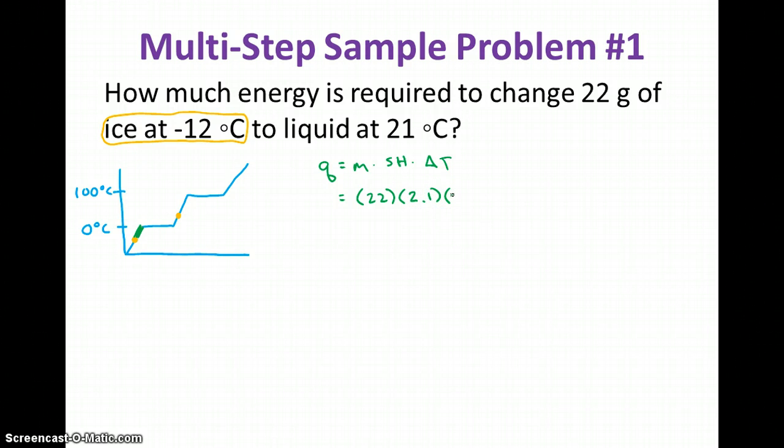The change in temperature for this portion, okay, not the whole thing, for this portion right here, we are going from negative 12 degrees Celsius to 0 degrees Celsius. So we have a change in temperature of 12 degrees Celsius. All right.